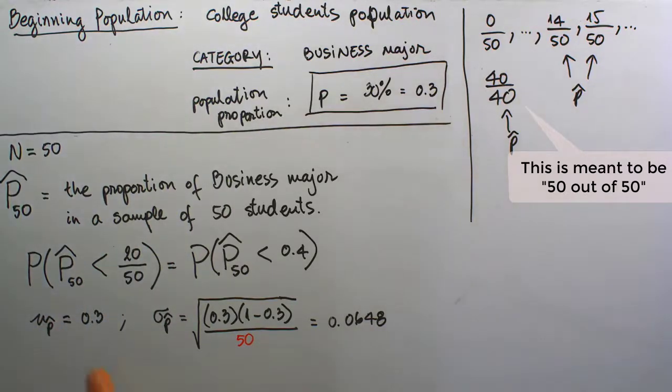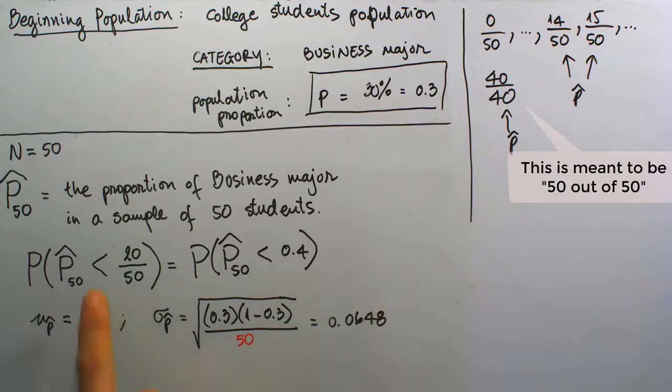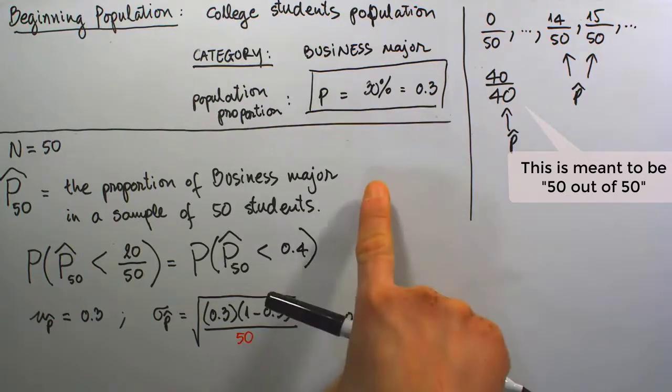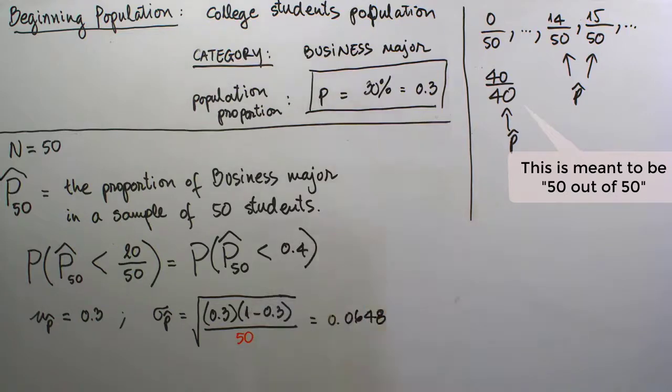So now this is formally the step right after we have formulated our question symbolically. The next step is to verify whether we can solve the problem here by putting our data as a population data on a bell curve or not. In order to do that, I need to do the following calculation.